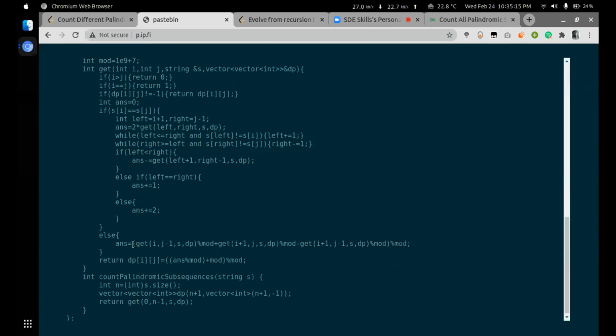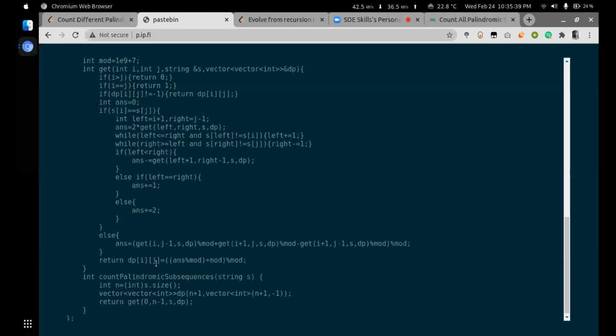And this is the general case when both endpoints are not the same. This is when I exclude the right endpoint, this is when I exclude the left endpoint, and this is the common one, so I subtract it. When I am subtracting here, the value might become negative.